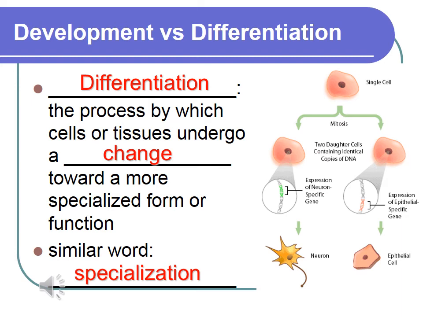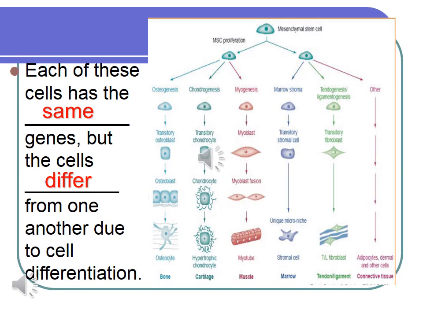Some of those cells started expressing different genes that created neurons, and another bunch of cells started expressing different genes that created a skin cell or epithelial cell. So each of these cells has the same genes, but the cells differ from one another due to cell differentiation.